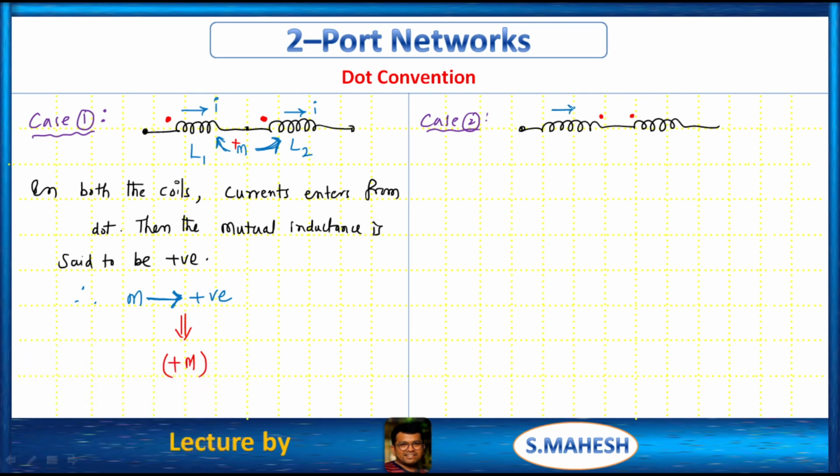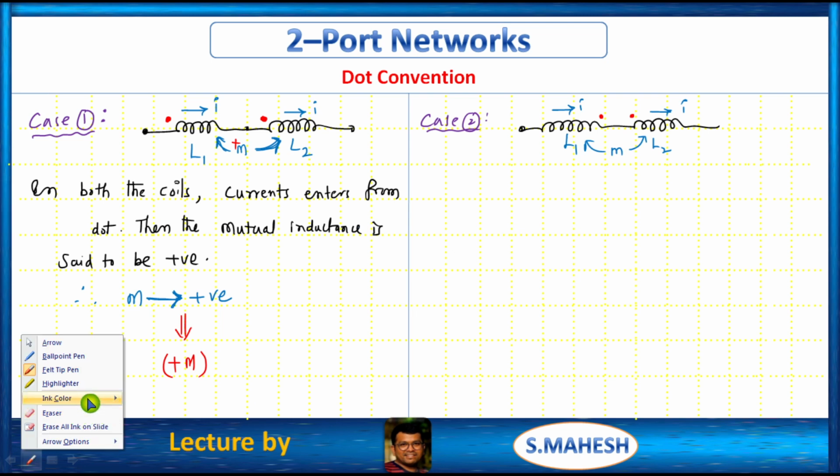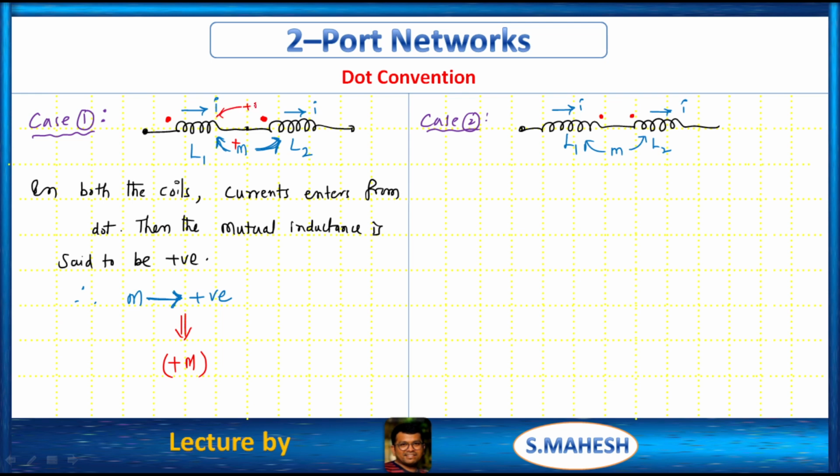Let us say the coil current is I, the same amount of current I, this is L1, this is L2. The mutual inductance between these two is plus M. Like this we have to write. Here we have minus M.